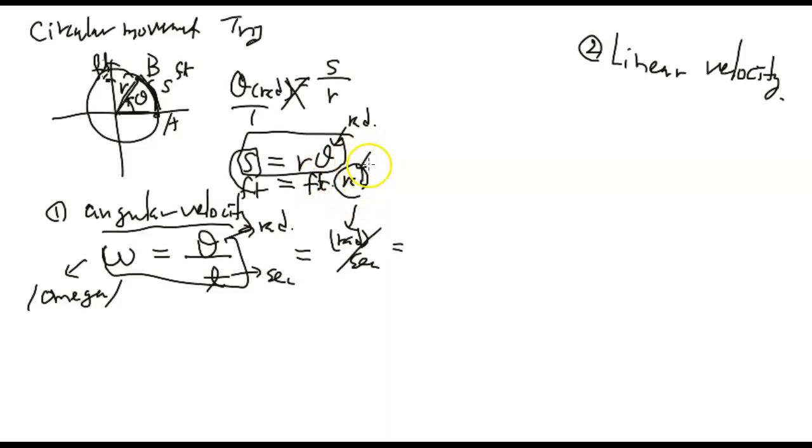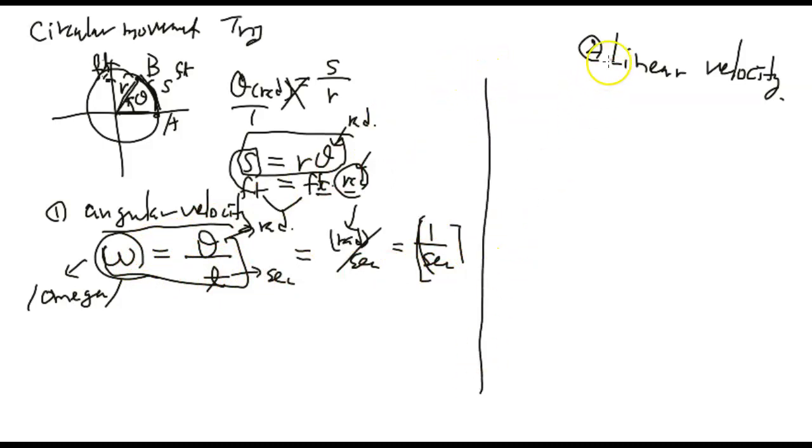So radian is a constant, no unit, a real number. Feet times a constant is feet, so the left hand side equals the right hand side. So radian has no unit, and 1 per second is the unit of omega, angular velocity.